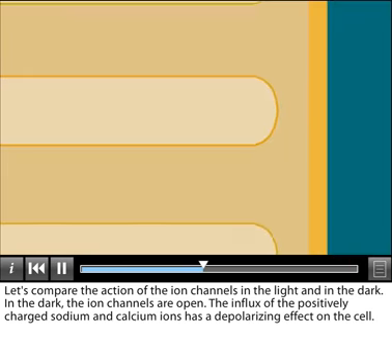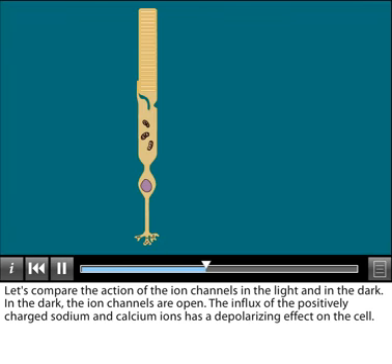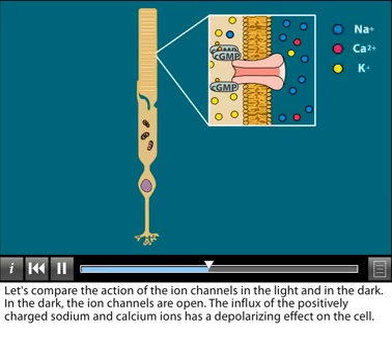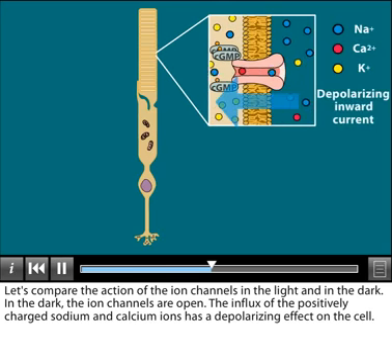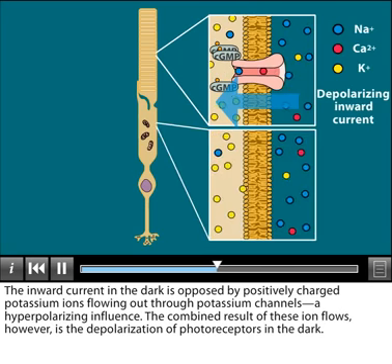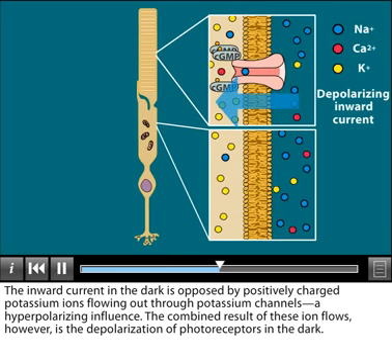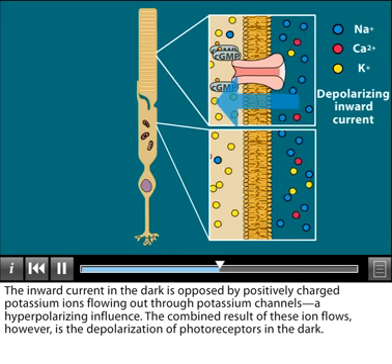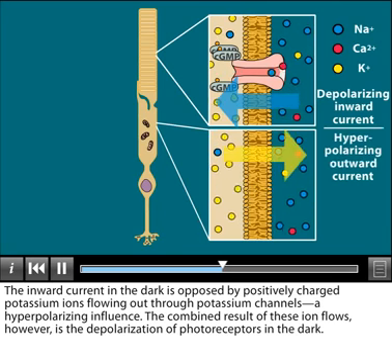Let's compare the action of the ion channels in the light and in the dark. In the dark, the ion channels are open. The influx of the positively charged sodium and calcium ions has a depolarizing effect on the cell. The inward current is opposed by positively charged potassium ions flowing out through potassium channels, a hyperpolarizing influence.